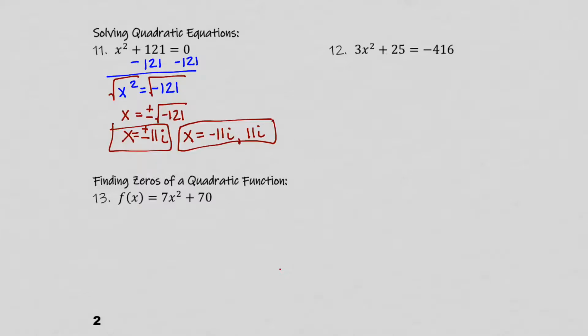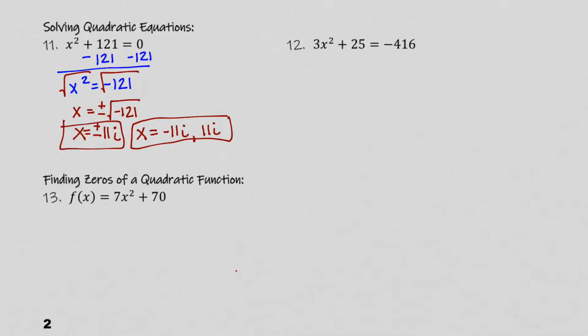Number 12. Let's see, we have x squared. We don't have an x, so that's fine. Let's move that 25 to the right. We want to get x squared all by itself. So I have 3x squared equals negative 441.